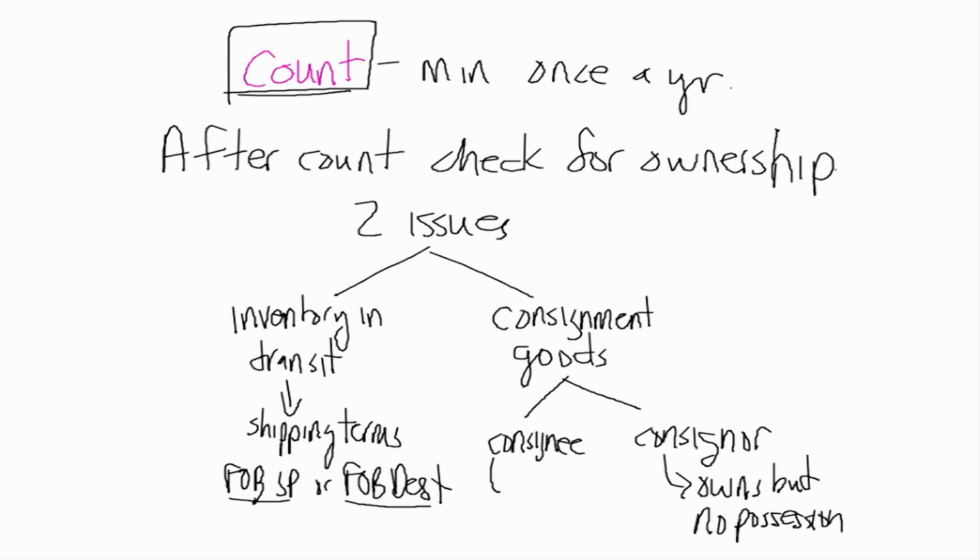And the consignee has it, but no ownership. Right? The consignee has the inventory.